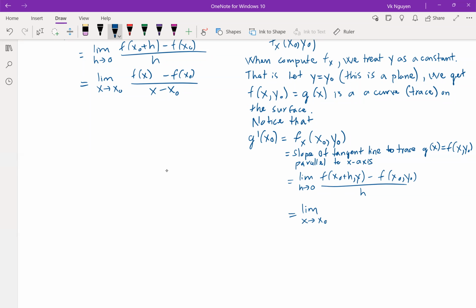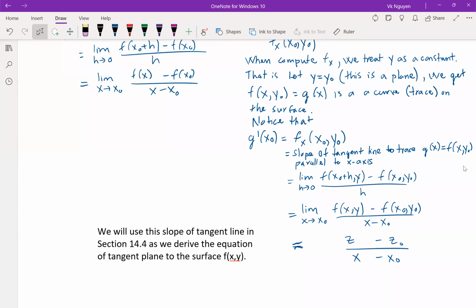So we have f(x, y) minus f(x naught, y naught) over x minus x naught, which is approximately z minus z naught over x minus x naught.